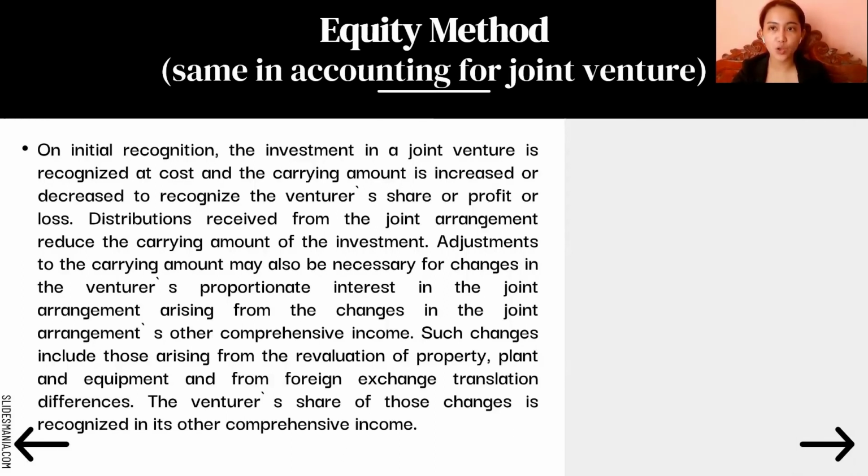Adjustments to the carrying amount may also be necessary for changes in the venturer's proportionate interest in the joint arrangement arising from the changes in the joint arrangement's other comprehensive income. Such changes include those arising from the revaluation of property, plant, and equipment, and from foreign exchange translation differences. The venturer's share of those changes is recognized in its comprehensive income.